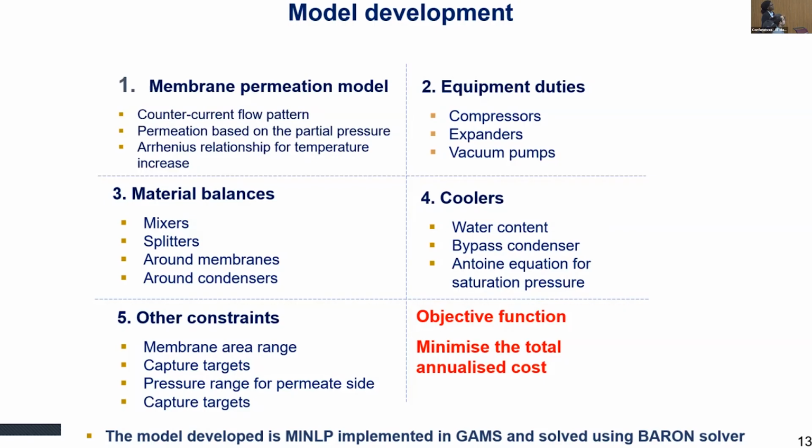Then there were material balances carried out around mixers, heaters, and other constraints such as membrane area range, capture targets, pressure range for permeate sides, then equipment duties, compressors, expanders, vacuum pumps, then coolers, where there is an option that water can condense depending on its composition. The objective function was to minimize the total annualized cost, which is the sum of the capital cost and operational cost. The model was implemented in GAMS and solved by Aaron.